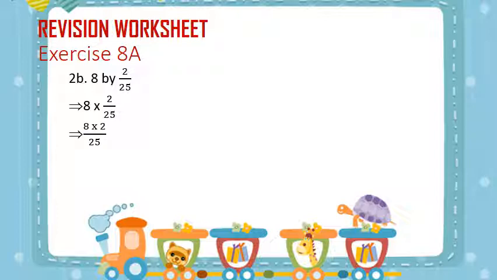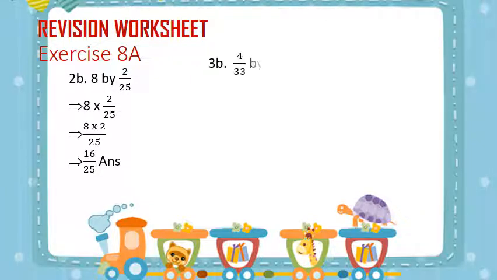So 8 multiplied by 2 upon 25. And now children, because we cannot divide any numerator and denominator by any common number, we will write this fraction as 8 multiplied by 2 is equal to 16 upon 25. So 16 upon 25 is a proper fraction. So our answer is 16 upon 25.